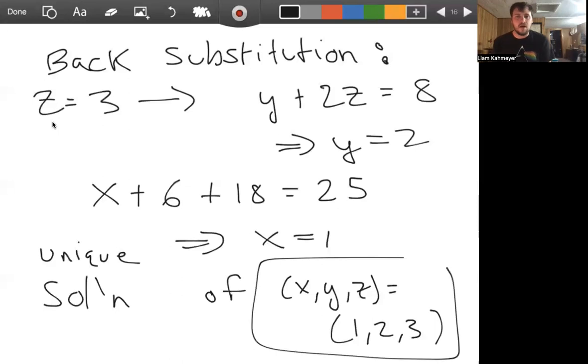So this is an example of solving a system of equations using elementary row operations. And I want to use this example to emphasize my points about how methods of solving are not unique.